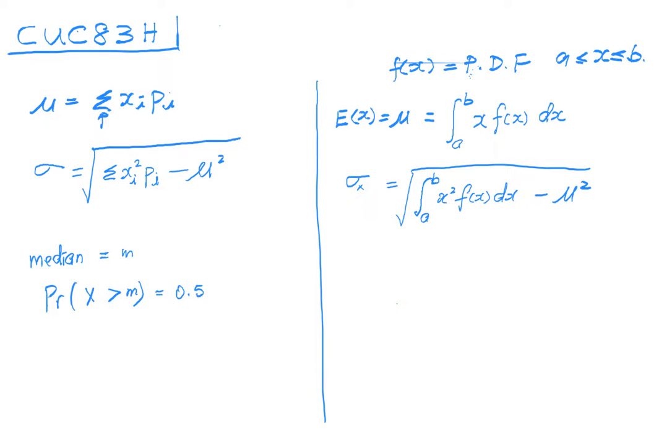So for continuous variable, we can find the median. If the median is equal to M, that means the sum of the probability from A to M, what should the value be? Equal to 0.5.